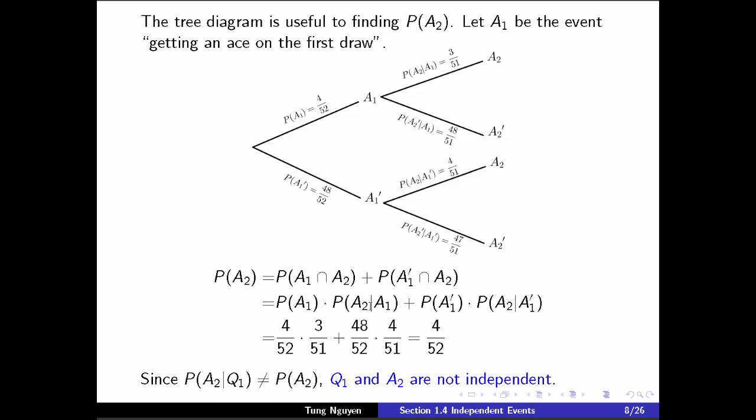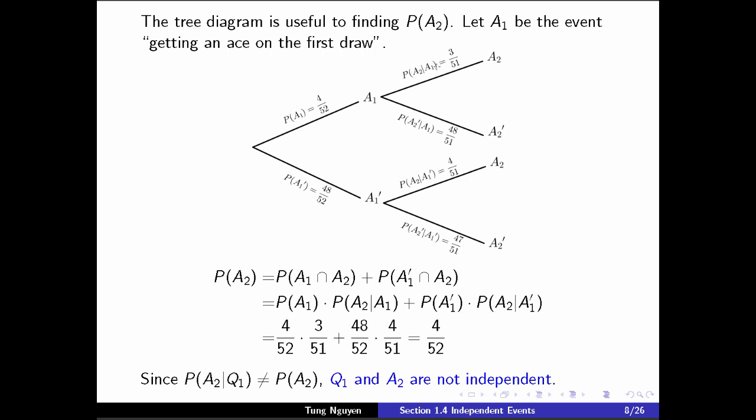So again, we have another tree diagram, and we need to make some adjustments on the second branches here. The first one is still 4 over 52 for drawing an ace, and 48 over 52 for not drawing an ace, or drawing a non-ace.